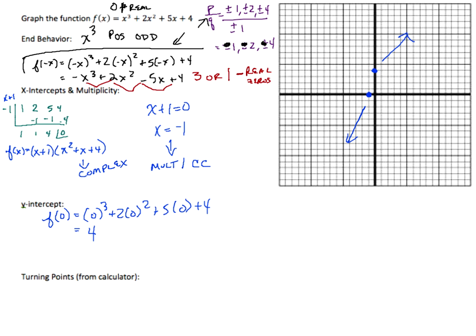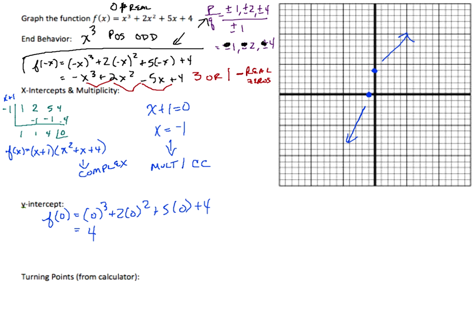Yes. So I'm going to put the function into the y equals screen. So that's x cubed plus 2x squared plus 5x plus 4.